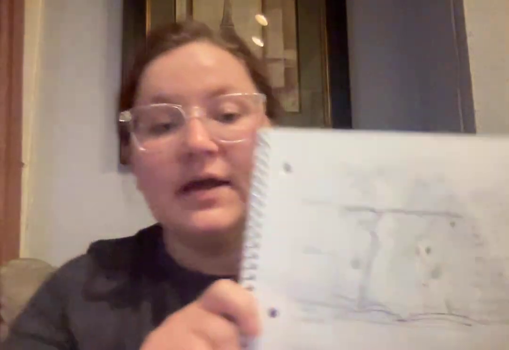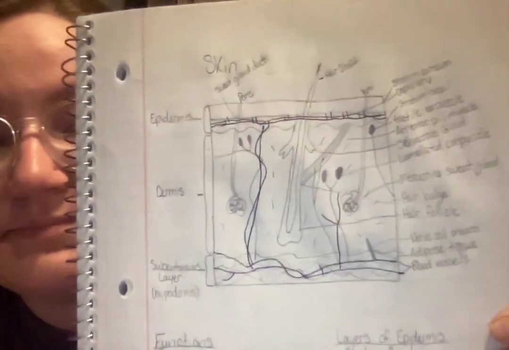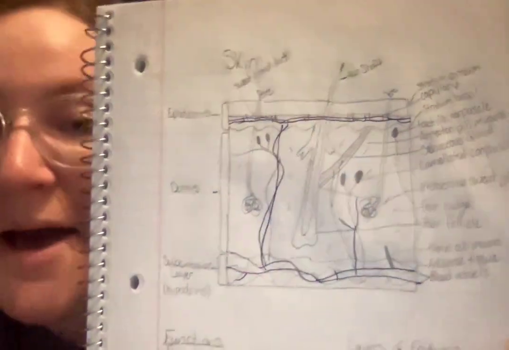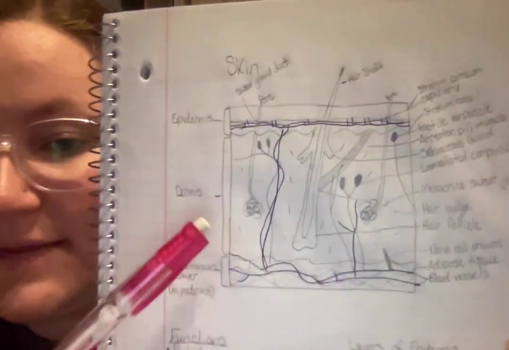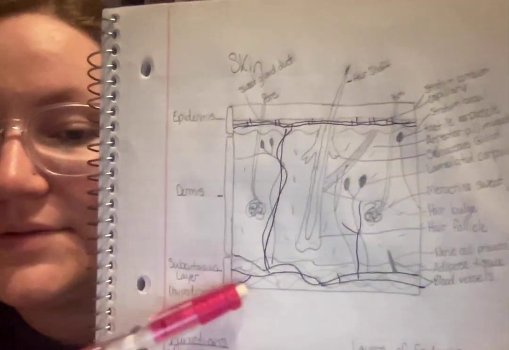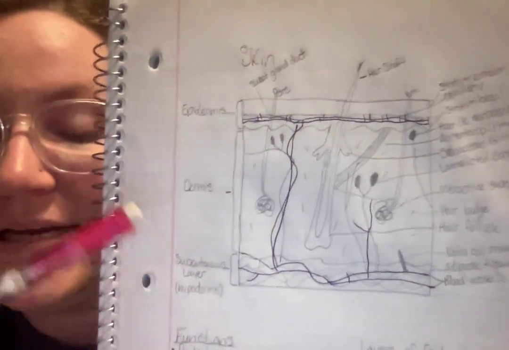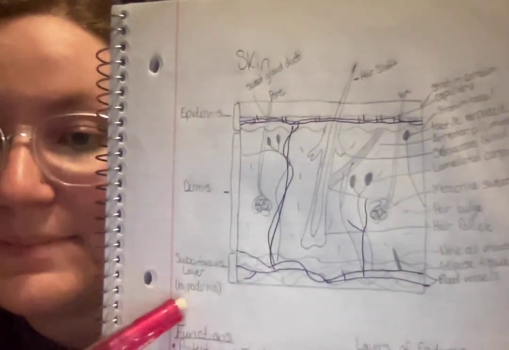So first off, we are going to discuss the skin layers and structures. Again, my pictures are not the greatest, but as you can see, the two layers of the skin, which is the epidermis and the dermis, and then we can also see, it's not technically a layer of skin, but it's that subcutaneous layer or the hypodermis.